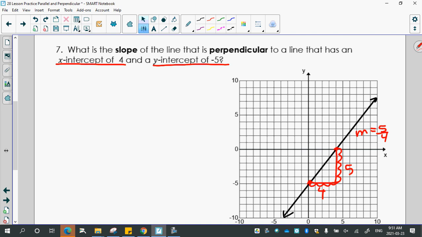So what would be a good statement to say what the slope of a line perpendicular would be? Reese? Therefore, a perpendicular line would have a slope of negative 4 over 5. Perfect.